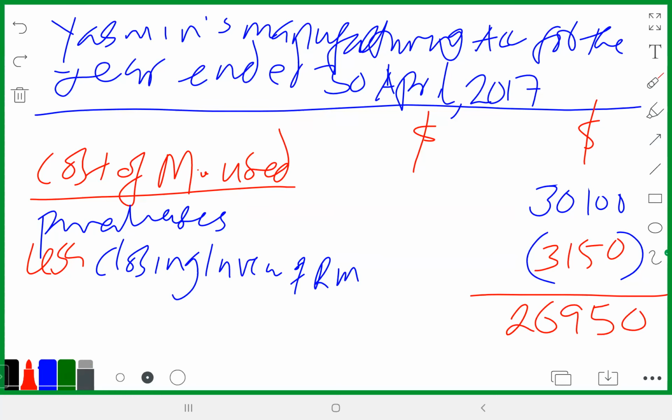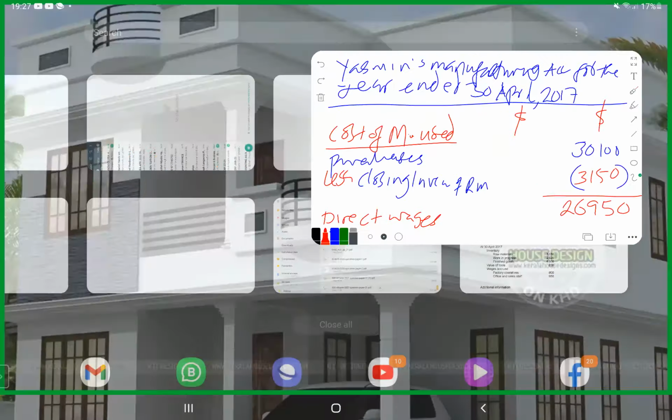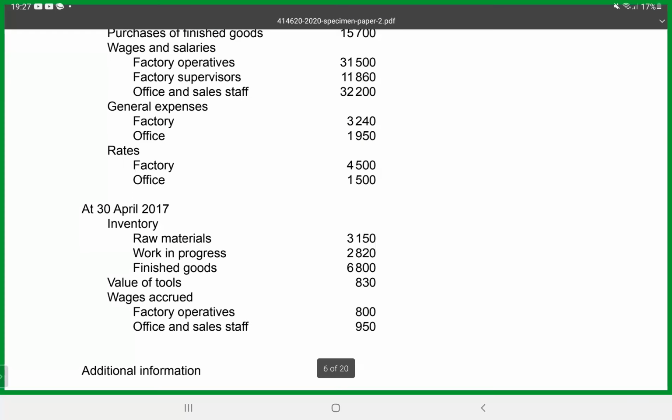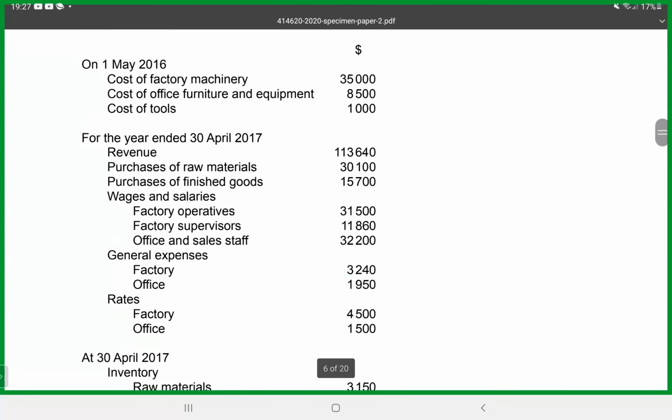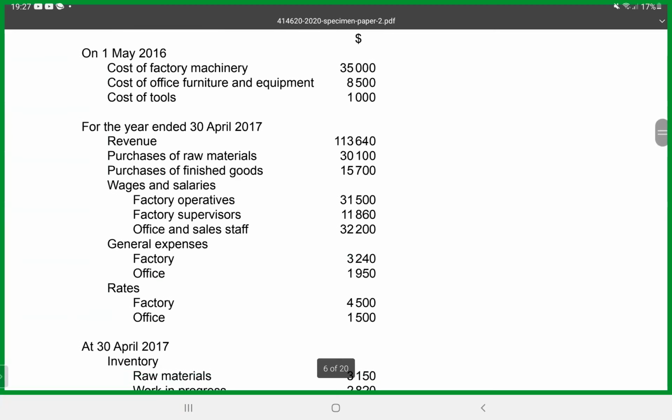To the cost of raw materials, then you can add what? The direct wages. You can add direct wages or direct labor costs. How much are the direct wages? Let's check, under wages and salaries.